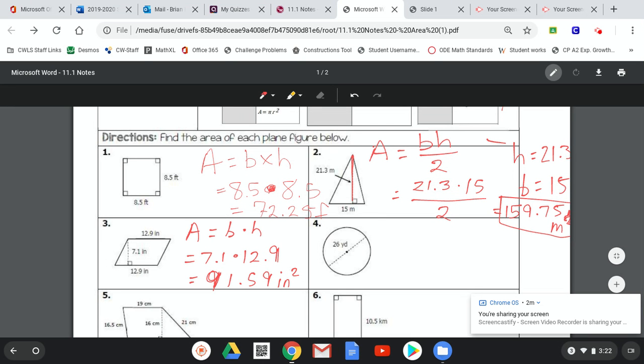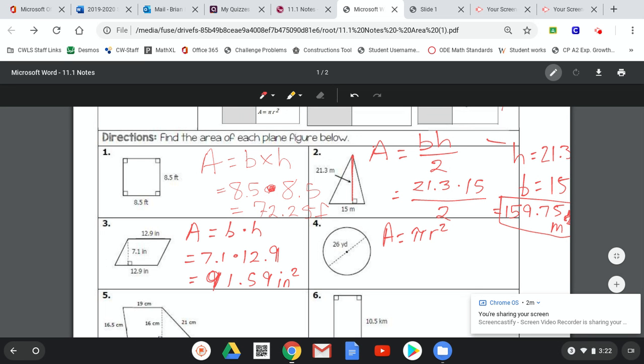Number 4 is a circle, and we've kind of done this before. Area equals pi r squared. Do they give us a radius or diameter? 26 is the length of the whole thing, so that's a diameter.